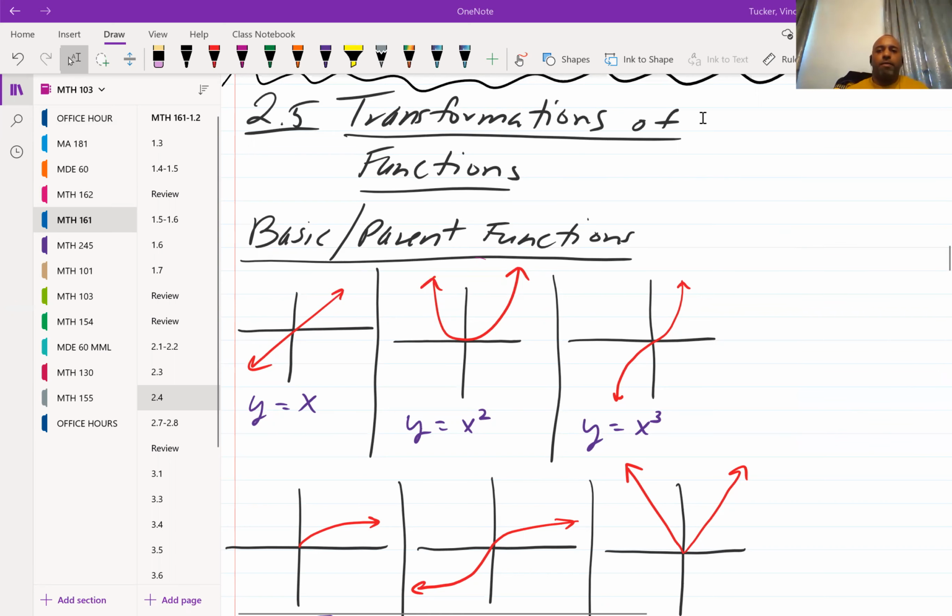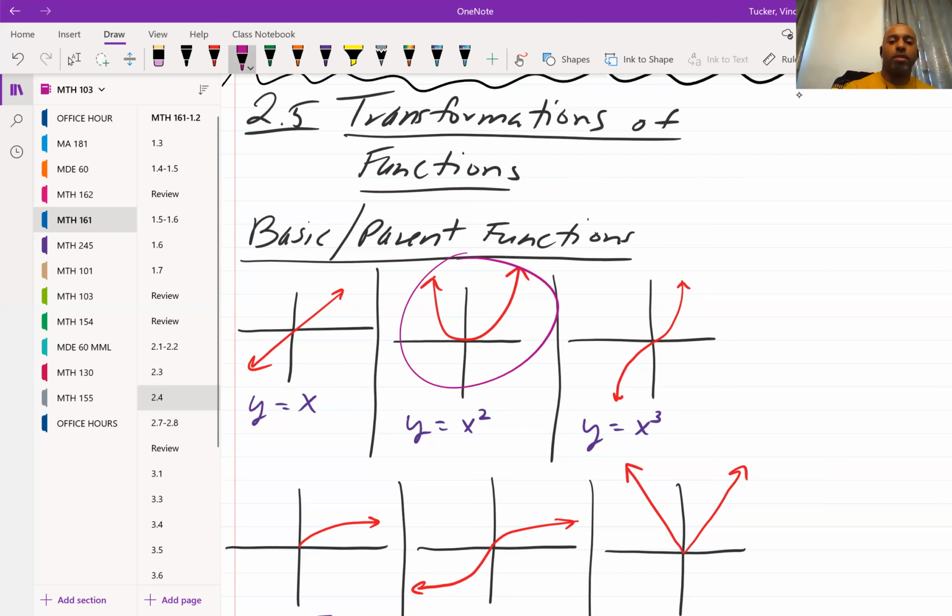All right, so 2.5 is graphing, or basically dealing with the transformations of our graphs, and we have six basic or six parent functions. This section explores the transformations of them, shifting to the left or right, up or down. We see the first one is our linear equation, just a straight line.